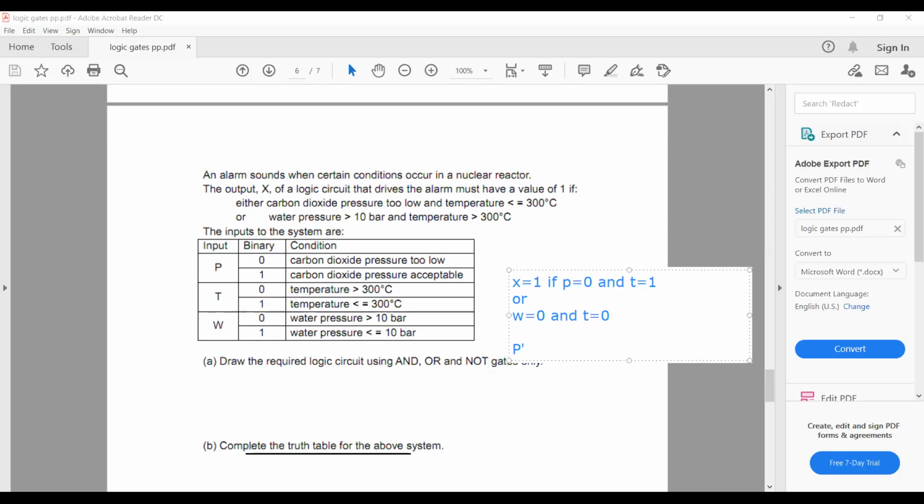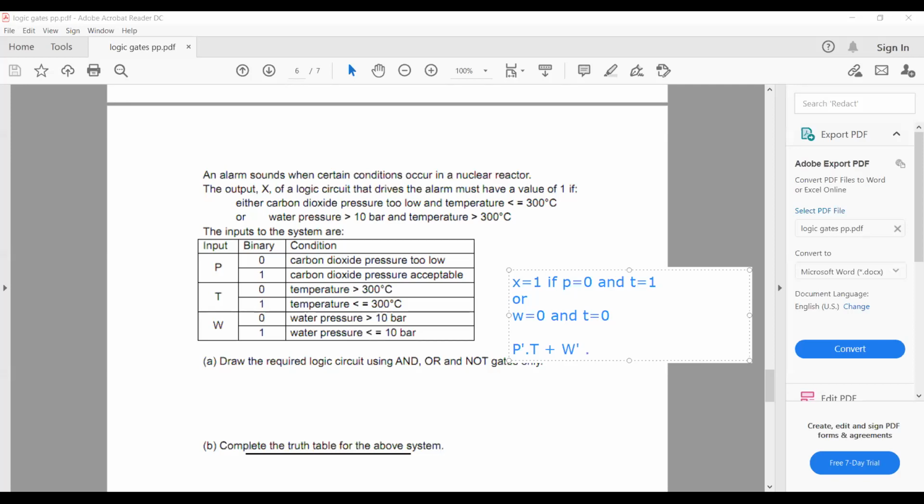P dash, and means dot. Now we know T equals 1, so T you can take as normal. Or means you can put the plus mark. W equals 0, again W dash. And means dot.